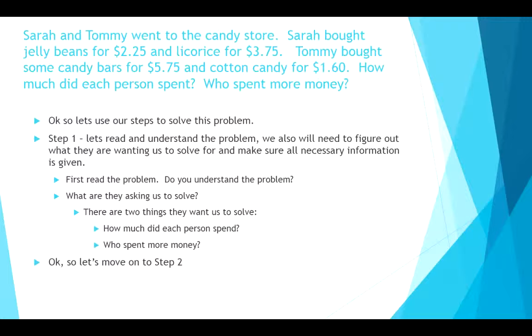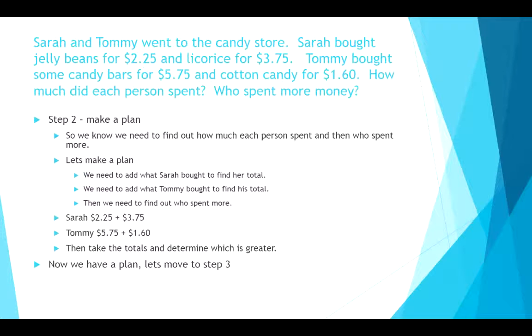So now that we know what we need to solve for, let's move to step 2, which is to make a plan to solve the problem. So we know we need to find out how much each person spent and then who spent more. So the plan is, we first need to add what Sarah bought to find her total, add what Tommy bought to find his total, then find out who spent the greatest amount of money.